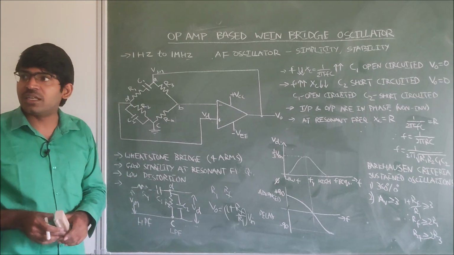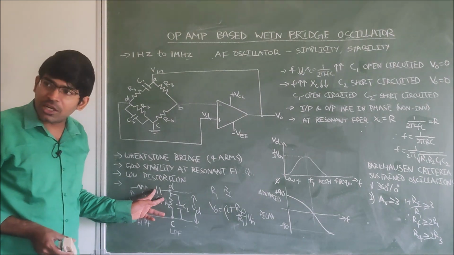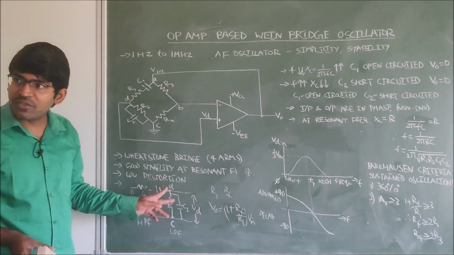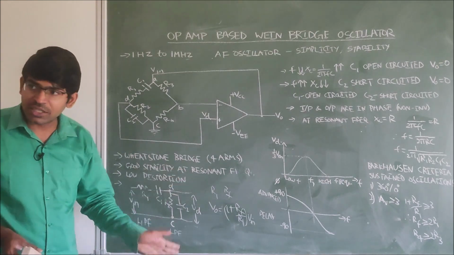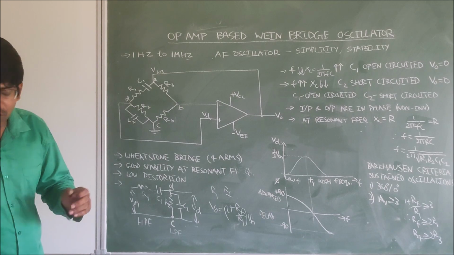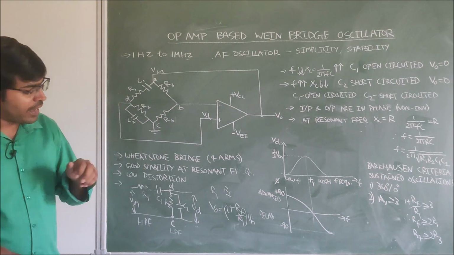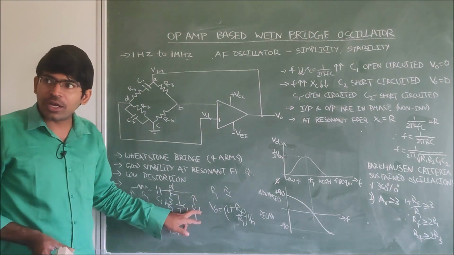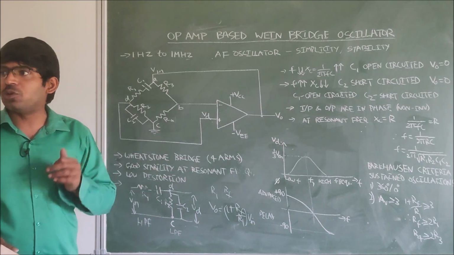When we give the low frequency signal, C1 is open circuited, and at the high frequency signal C2 is short circuited and shorts the signal. We are not getting a signal at low frequencies because C1 is open circuited, and we are not getting any output at high frequencies because C2 is short circuited.